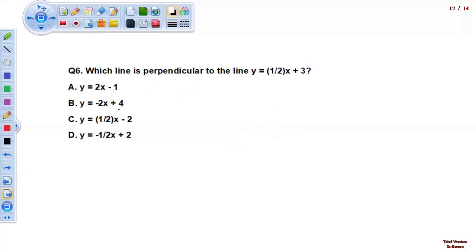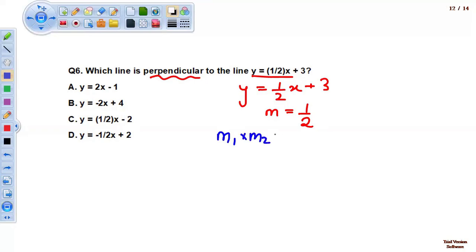Now for the next question, which line is perpendicular to this line? This line is y equals half x plus 3. So the slope, it's already in general form. So slope is the coefficient of x, slope is 1 by 2. Any line that is perpendicular to this will have the negative reciprocal as slope. Or we can use the formula m1 into m2 equals minus 1.